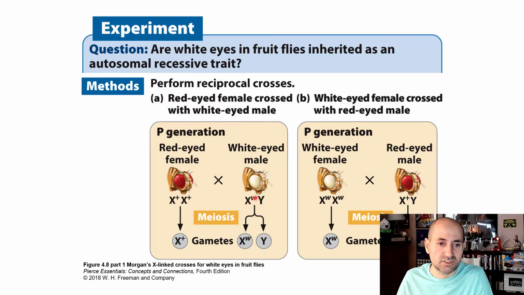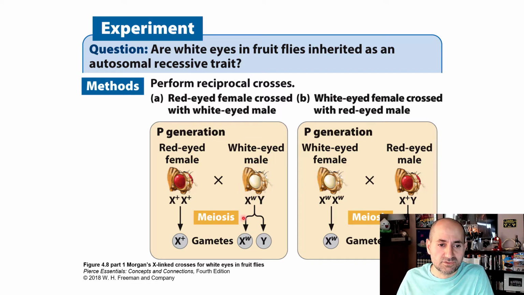So this is XW. W is for the white eye mutation. Obviously the Y chromosome doesn't have the mutation because the Y chromosome doesn't have an eye color gene. Remember, it's the X chromosome that has all these different genes. The Y chromosome has very few genes, and the main gene that's important for directing maleness is that SRY gene.